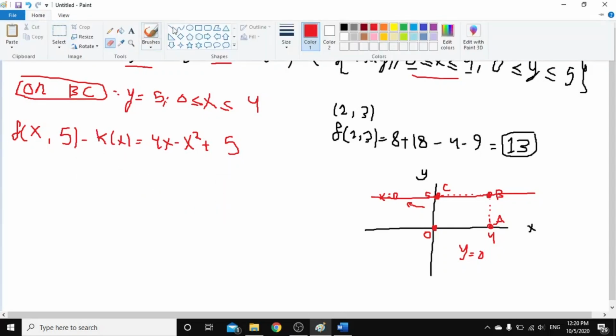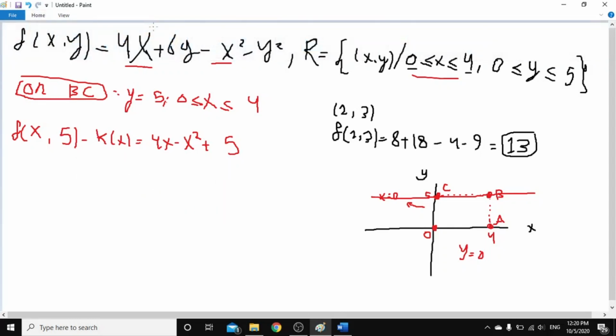Okay, let's continue. Then you write its region x greater than or equal to 0, less than or equal to 5. Oh, sorry, to 4.